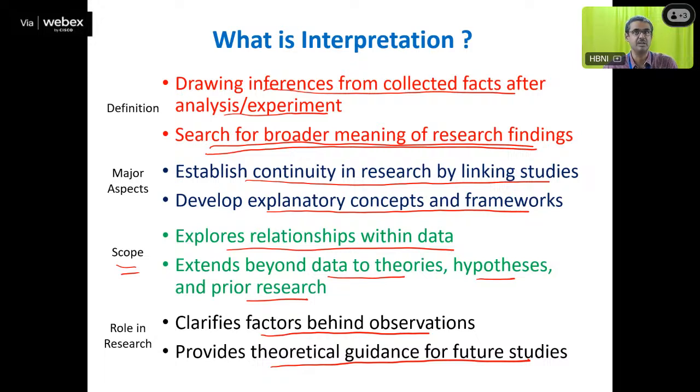It is a very important step in research, the interpretation of your collected data. It gives you the broader meaning of your research findings with the help of establishing correlationship between various factors of your data. It extends beyond data to theories, hypotheses, and prior research. It clarifies the factors behind those observations and provides theoretical guidance for future studies.